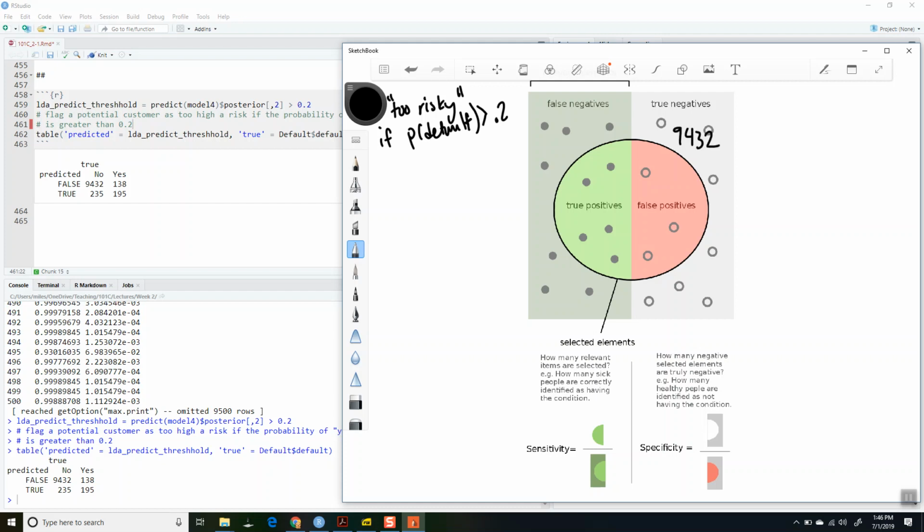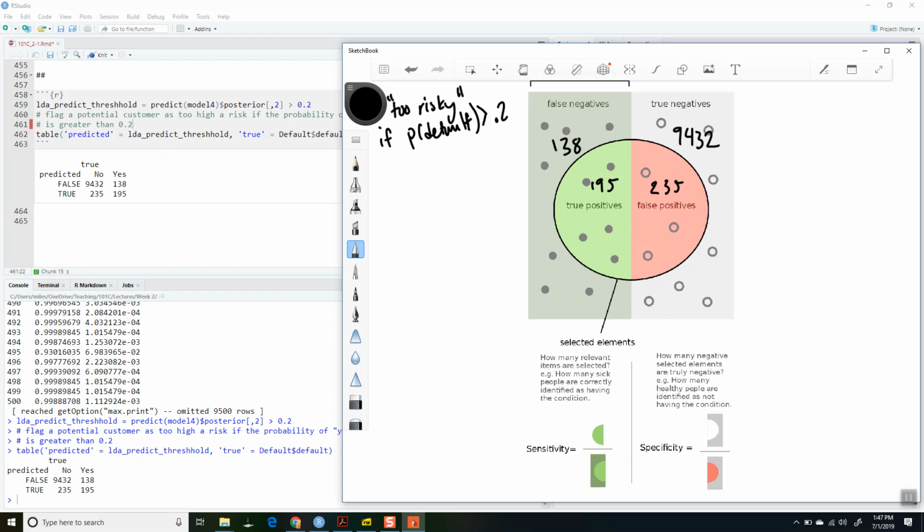Okay, and so what this leads to is we got 9432 and 138. No, hang on. We predicted that they will default, and they did not: this is 235. We predicted that they will default, and they did: this is 195. We predicted that they won't, and they did: this was 138.